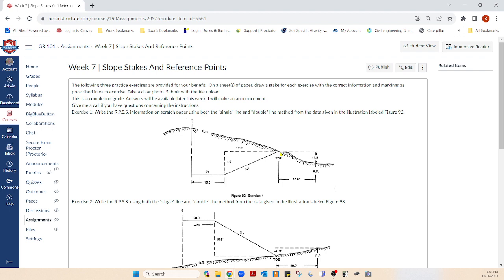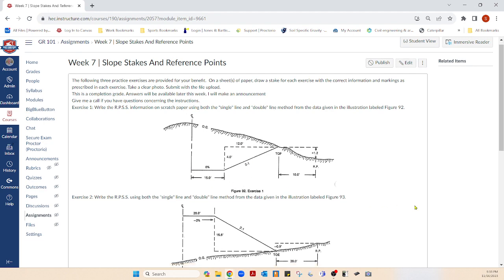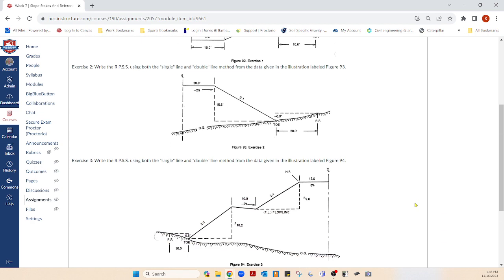Top, then you would say cut 4 feet at 12 or 31, but this is where you keep up with your horizontal. And then level at 27. You're done with your double line.